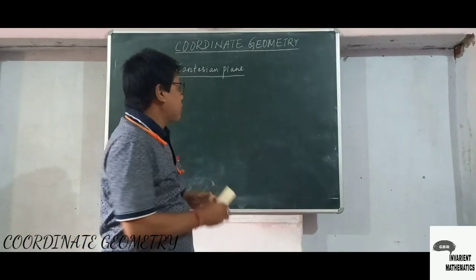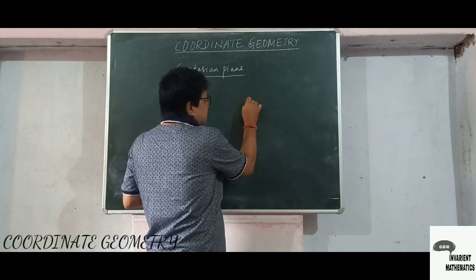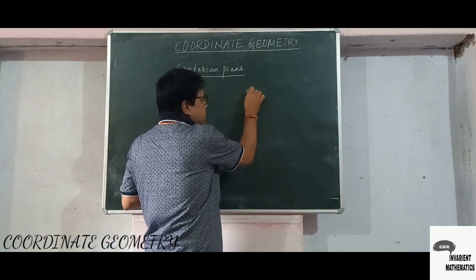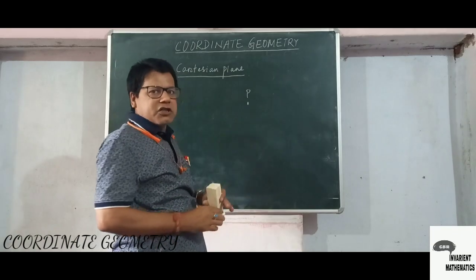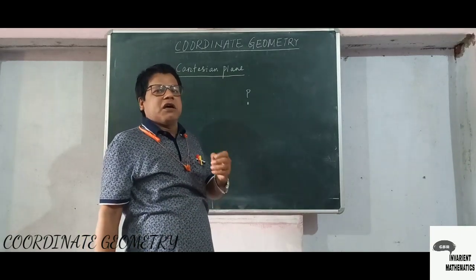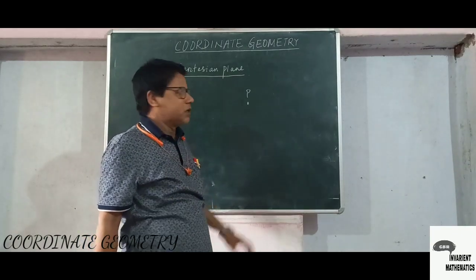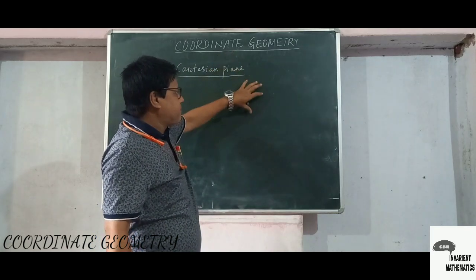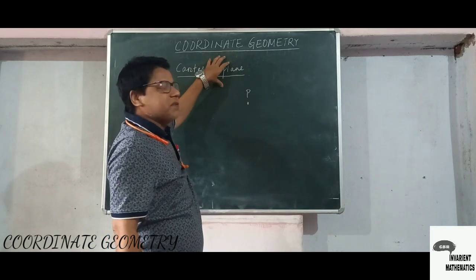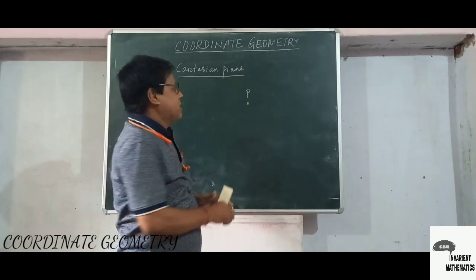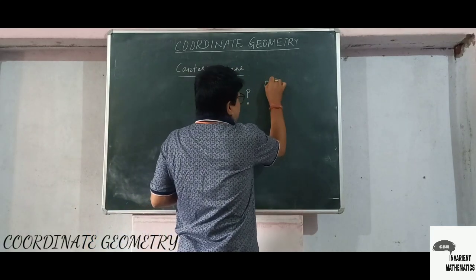Suppose this is a point P on the plane; it relates with an ordered pair. Every point on a Cartesian plane relates with an ordered pair.